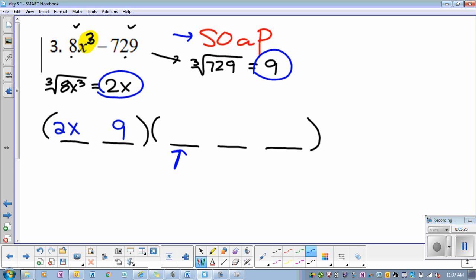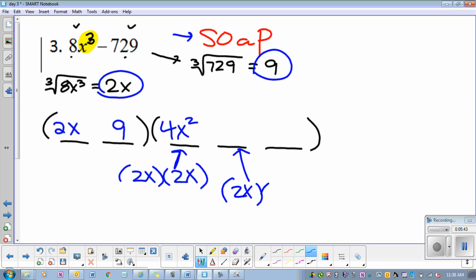So in the first one is your first term squared. That means 2x times 2x, which is what? 4x squared. Good. And then the one in the middle, you multiply these two. So what's 2x times 9? 18x.